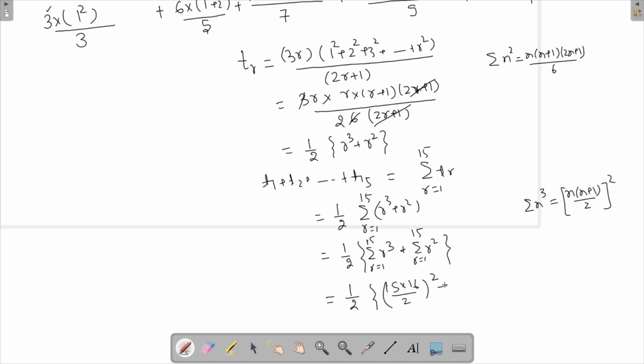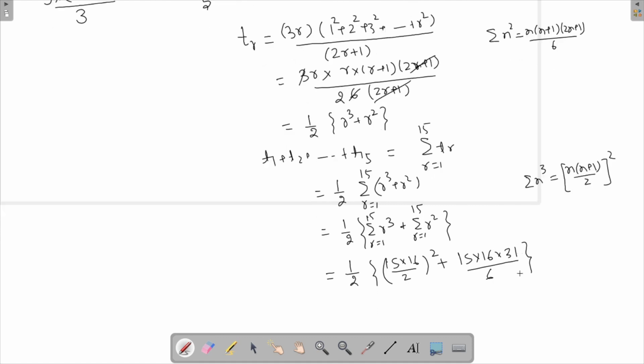And then r square gives n into n plus 1 into 2n plus 1 by 6, where n is 15. So 15 into 16 into (15 into 2 plus 1, which is 31), upon 6. So this is what we'll have here.